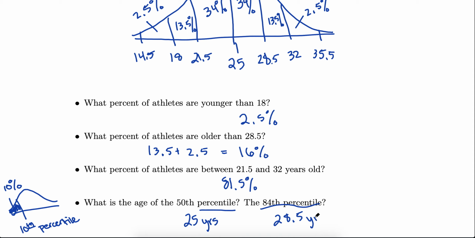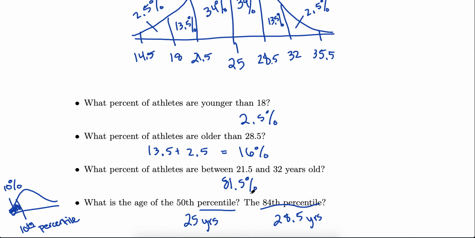Let me just give you a couple more to double check here. What if I asked for the 16th percentile? Hopefully you're thinking 21 and a half because it has 16% of the area below it. 21 and a half is the 16th percentile.